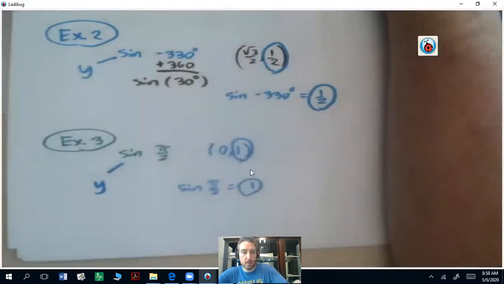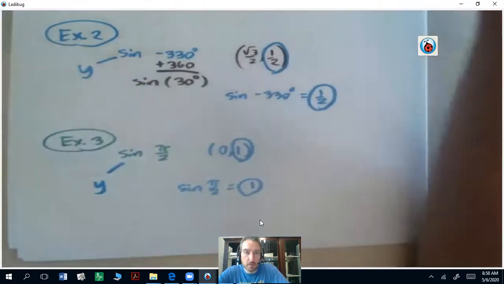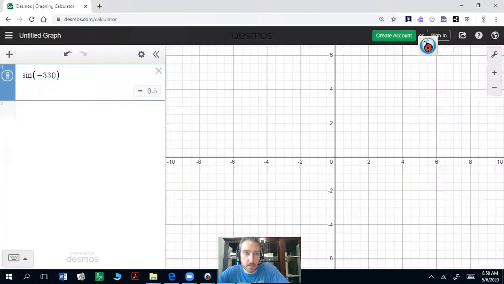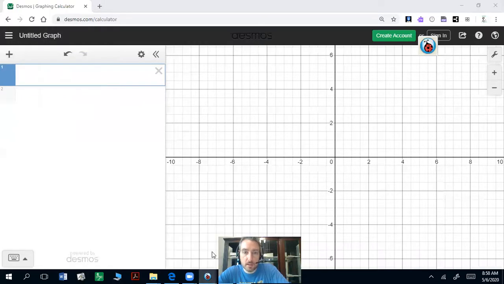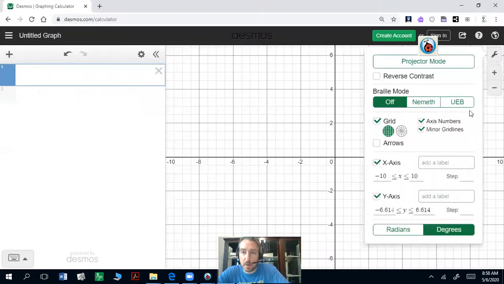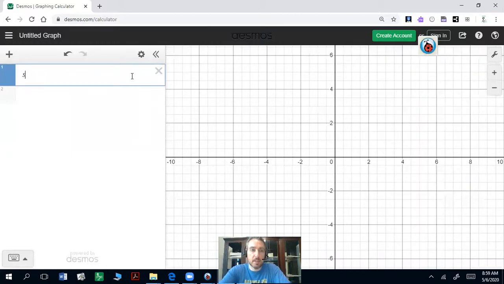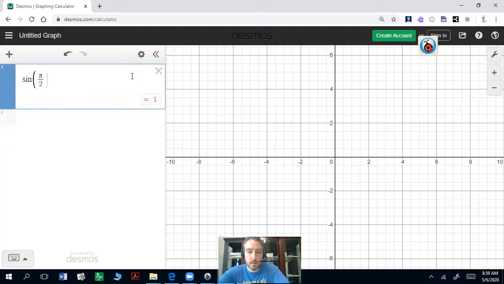I'll check this one. This is the last one I'll check with the calculator. Then we'll just go from the unit circle. Now pi over 2 is in radians, so I want to go back into my mode and change it to radians. I would type SIN, parentheses, PI divided by 2, close parentheses, and it gives me the value of exactly 1. So I have my answer.